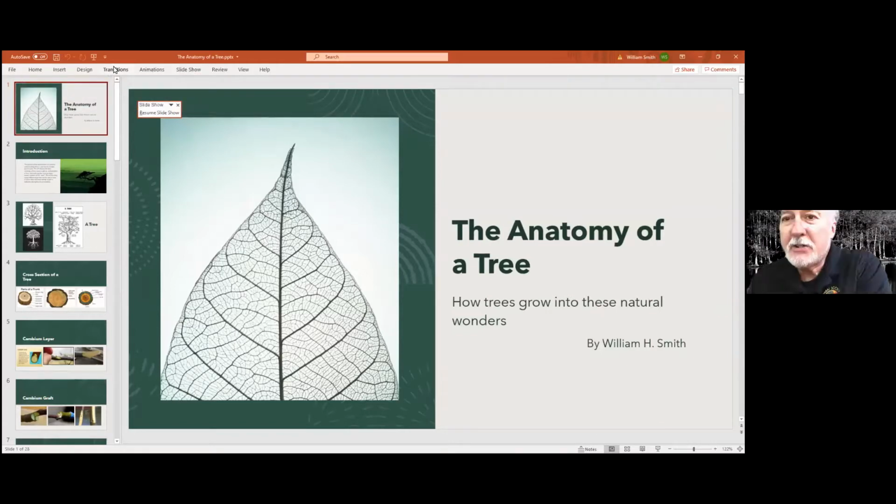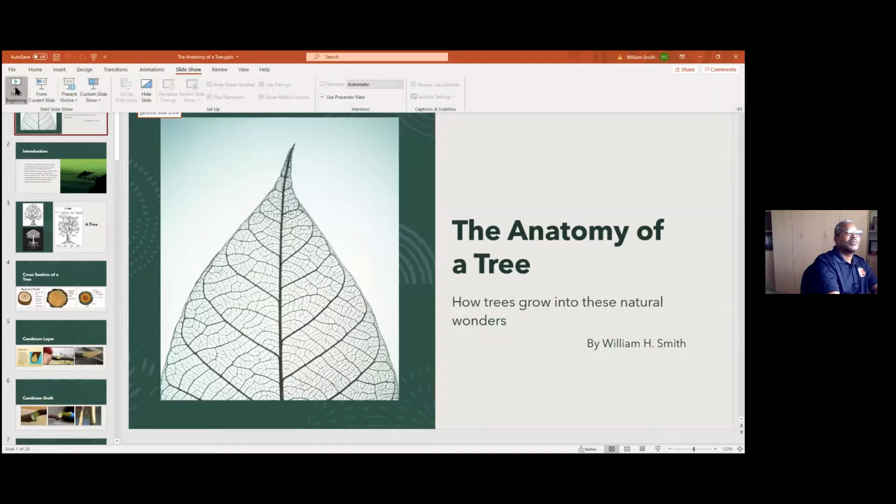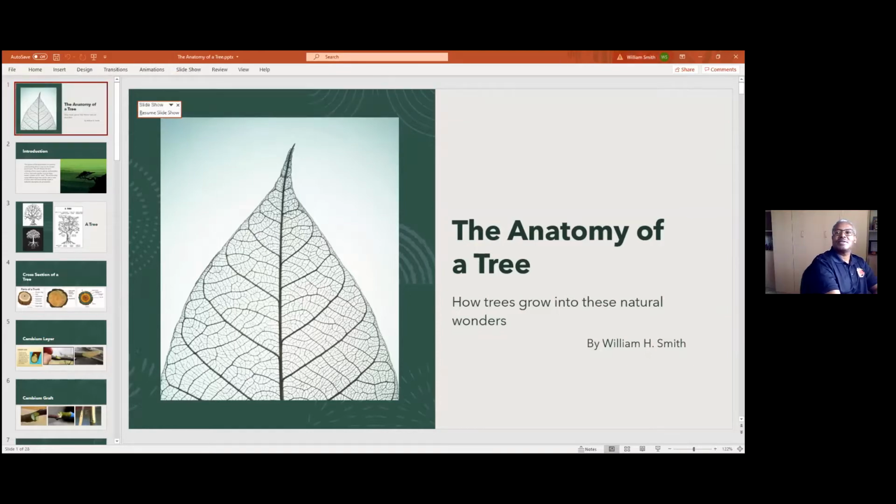I see no branches. Start from the beginning. Oh, here it is. This is the presentation. It's basically the anatomy of a tree. There is a box in the top left corner. I think it says resume slideshow. Maybe that'll work.